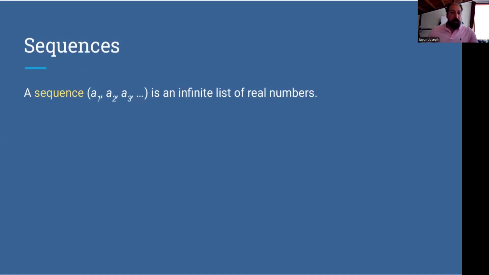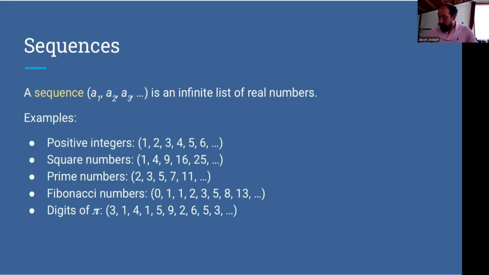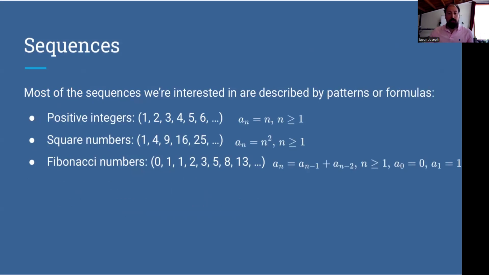So let's see. Sequences are just infinite lists of real numbers. So here's a few examples. Usually the sequences we're interested in studying have their terms described by a simple pattern or formula. And we typically say a sub n or b sub n is the nth term of the sequence.